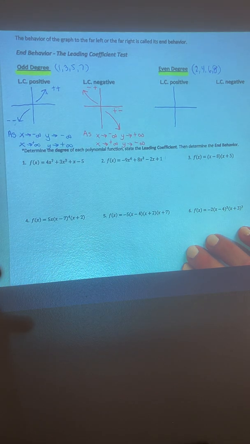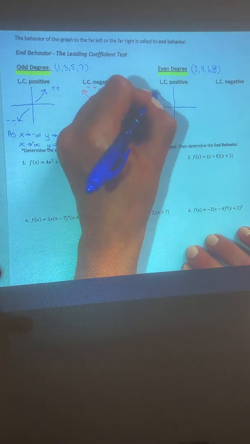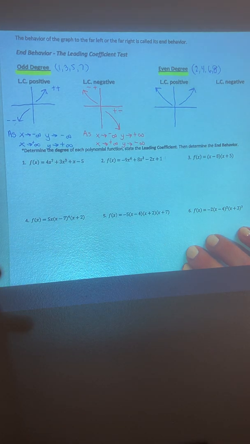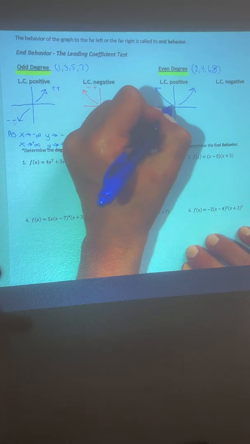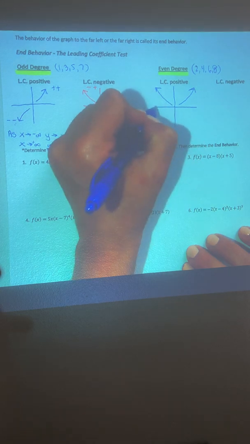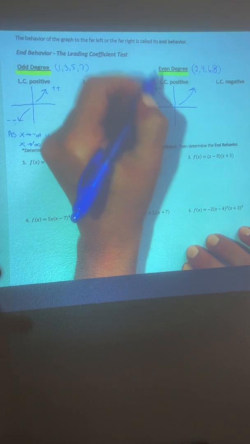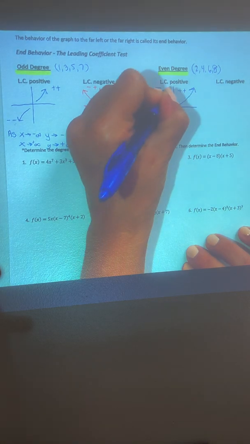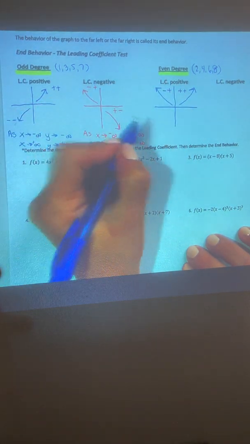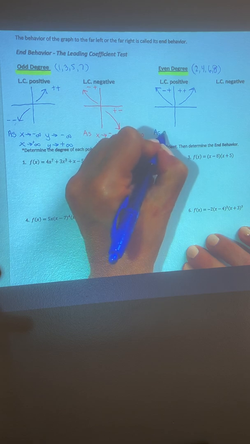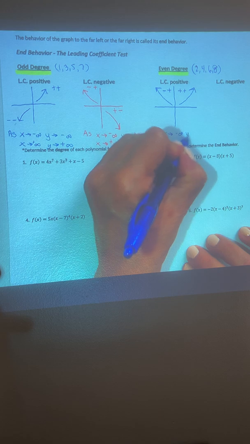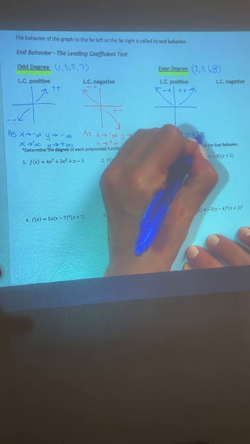Okay, when it's even positive, it looks like this. Okay, so now, even positive, this is negative positive, and this is positive positive. So, end behavior is as x approaches, what's that? Negative infinity. y approaches, what's that? Positive infinity.